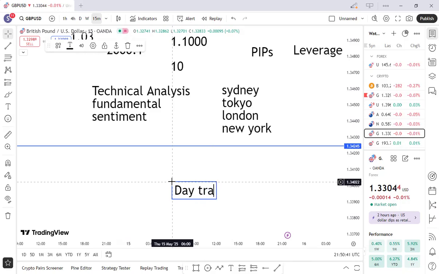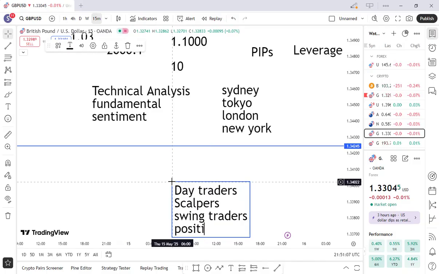We have the day traders, we have the scalpers, we have the swing traders, and we have the position traders. So these are the four types of traders that we have in trading.